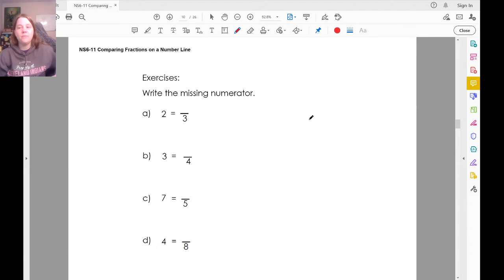Welcome back. So 2 wholes cut into thirds, that's going to be 6 pieces, which means 6 thirds, because 3 times 2 is 6. 3 wholes cut into fourths, that's going to be 4 times 3 is 12 quarters.